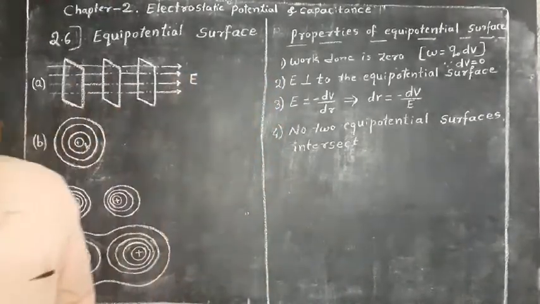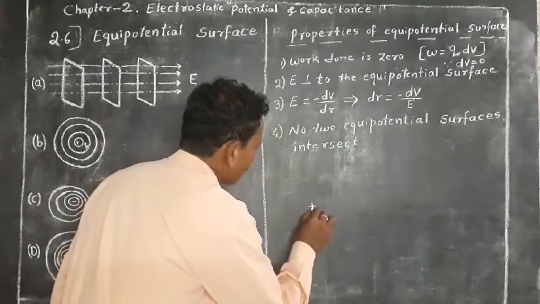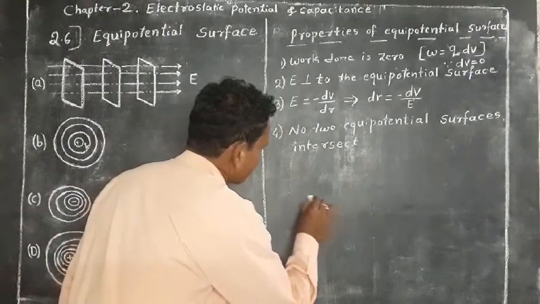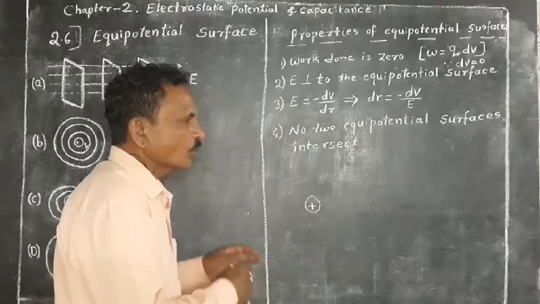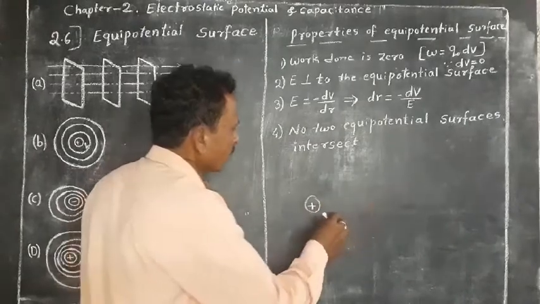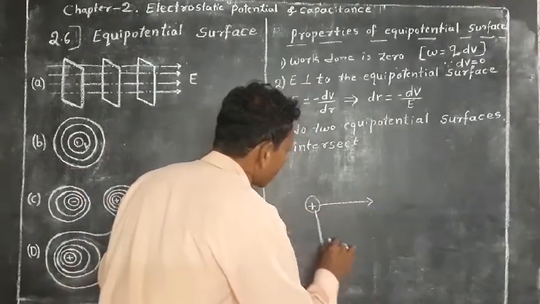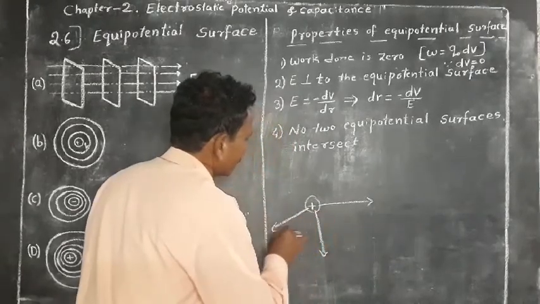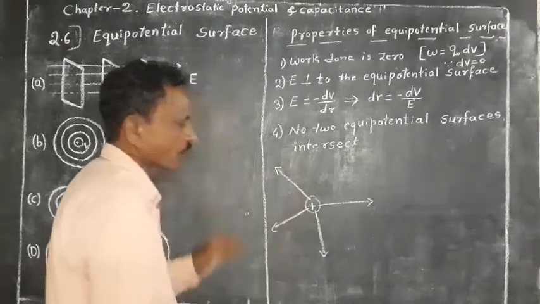Consider a positive charge. It produces an outward electric field, that is, an outward radial electric field in all directions for a positive charge.